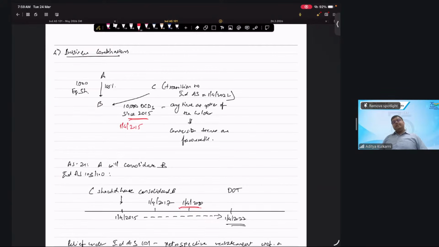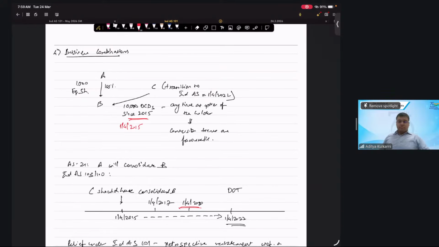But under AS, you could consolidate only if you held more than 50%. Yes or no? Yes, sir. That is one of the differences. Second, under Ind AS, you had something known as contingent consideration. Did I have that concept under AS?